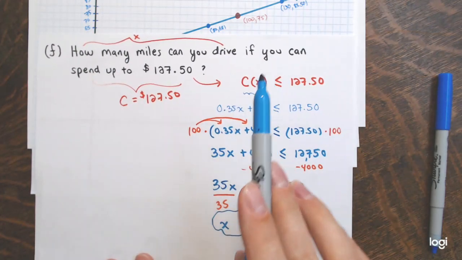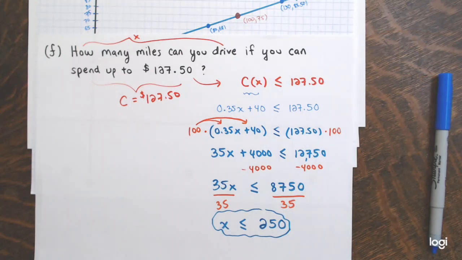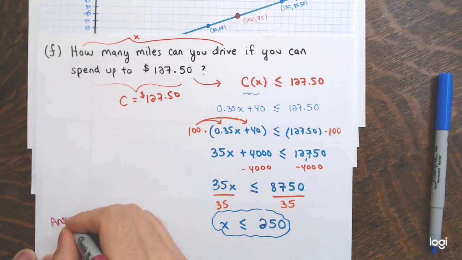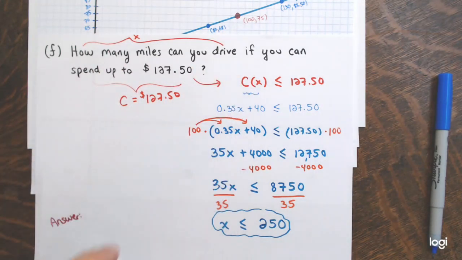Right? I want to answer my questions and word problems in full sentences. All right, so my answer here is, how many miles can you drive if you can spend up to $127.50?